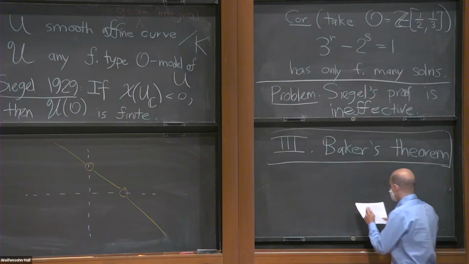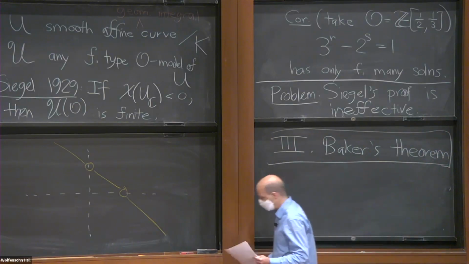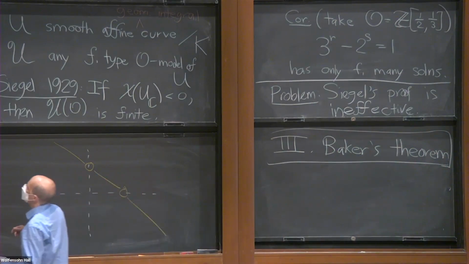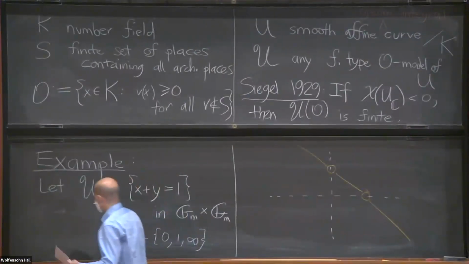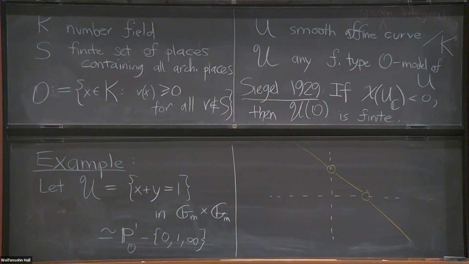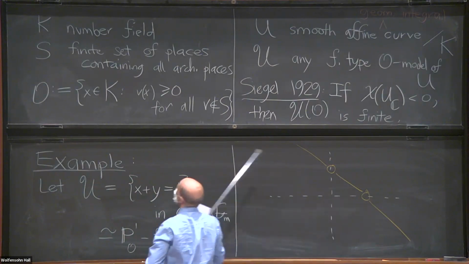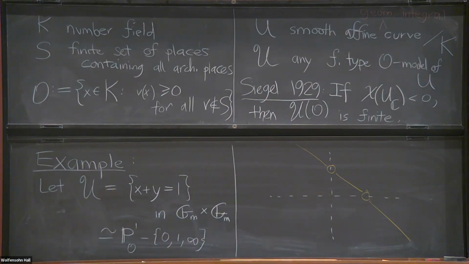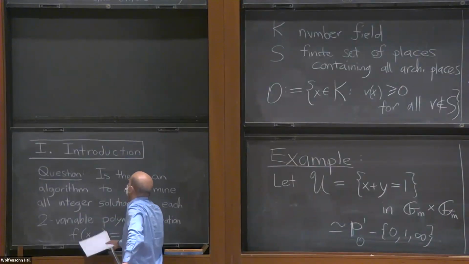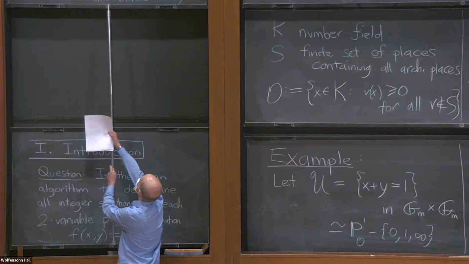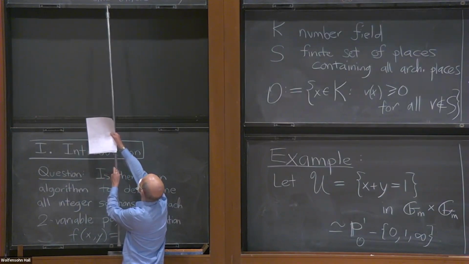Okay, this is going to take a little bit of notation to set up. Baker's method is a theorem in transcendental number theory.